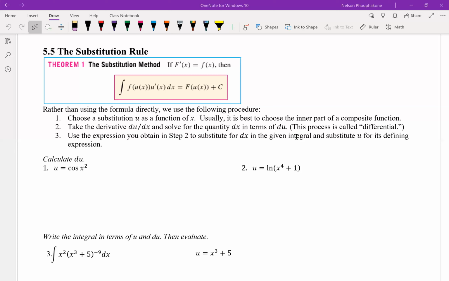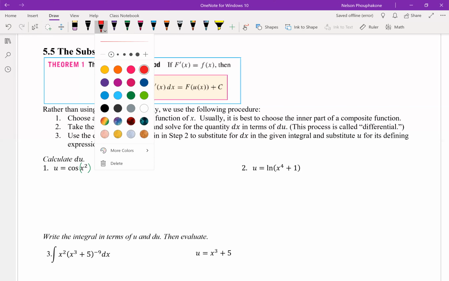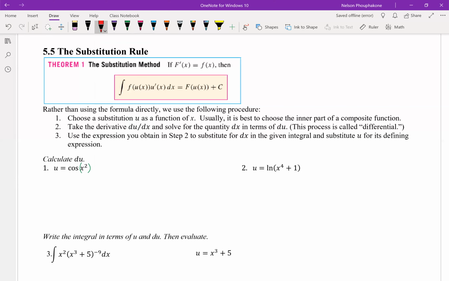So now you will see that in this problem, we have u equal to cosine of x squared. Maybe let me put a parenthesis here. If we want to take the derivative, for example du/dx, then of course we know that the derivative of cosine is negative sine of x squared, and then we take the derivative of x squared, right? Chain rule, isn't it?